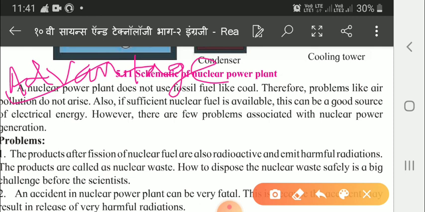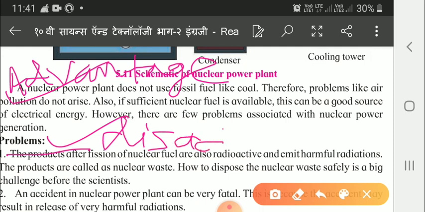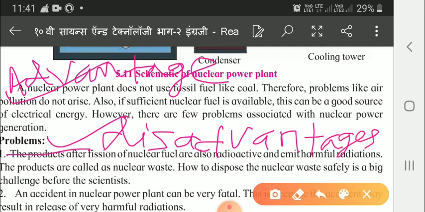Now these are the problems, so these are disadvantages. First, the products after fission of the nuclear fuel are also radioactive, so they emit harmful radiation.